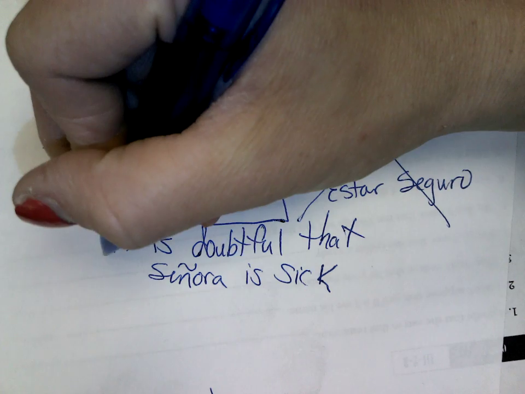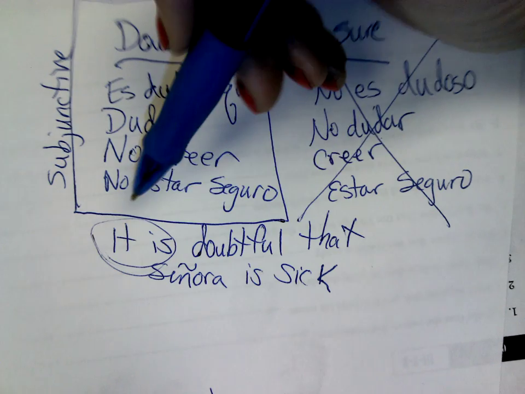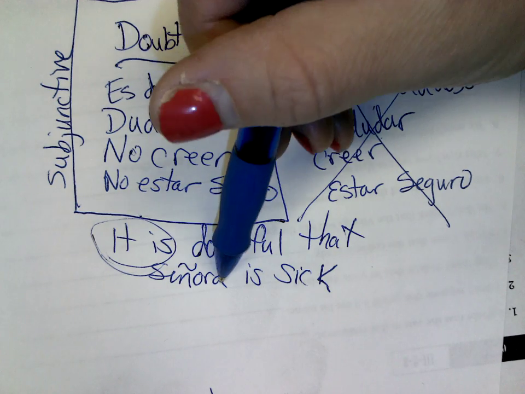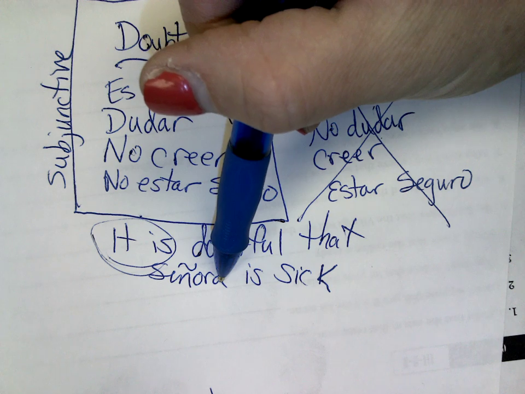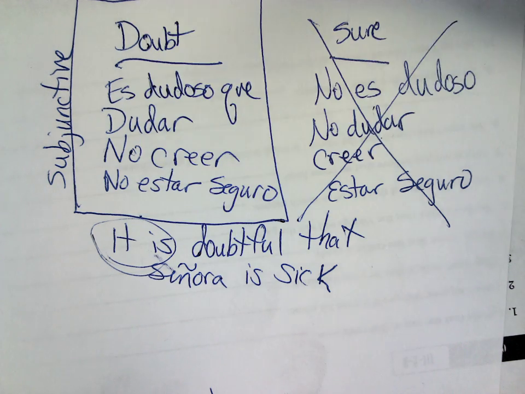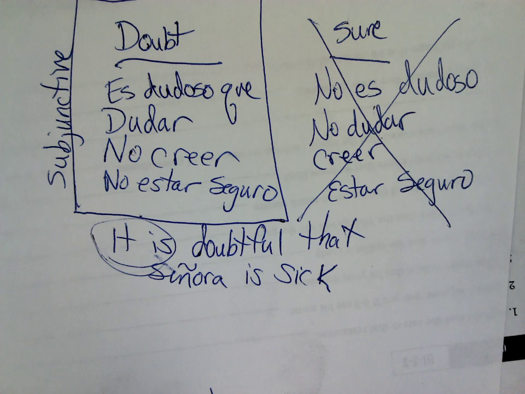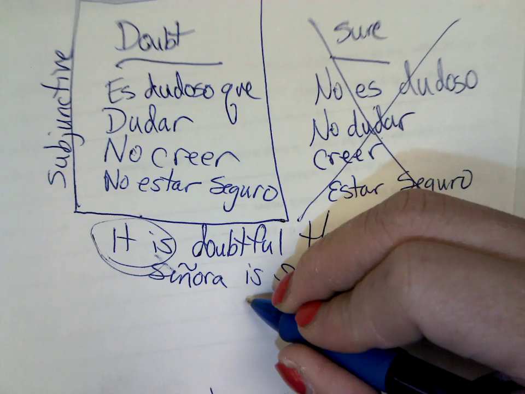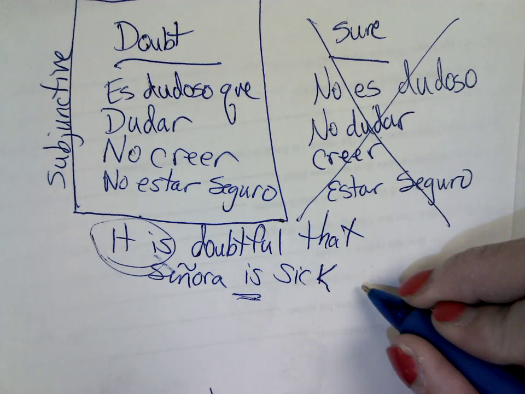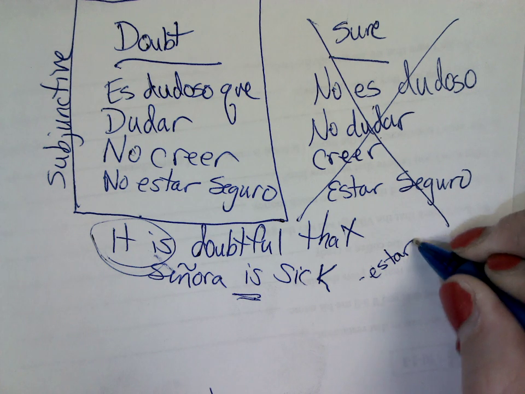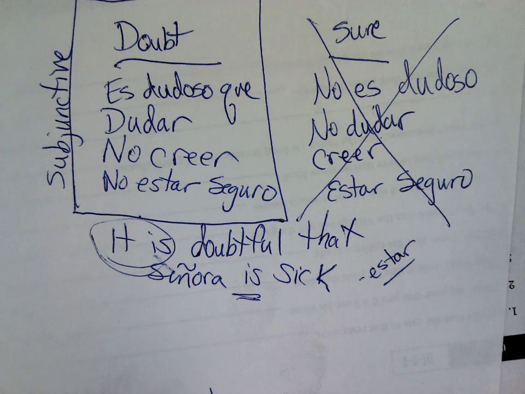So it is doubtful. Remember that it is considered a subject on its own, and then Senora is the second part of that sentence. So we did have a switch in subject, and we do have a doubt. So what verb do we use when we are describing somebody as being sick? And I know you're all shouting at me. It's estar, which happens to be one of your irregulars.